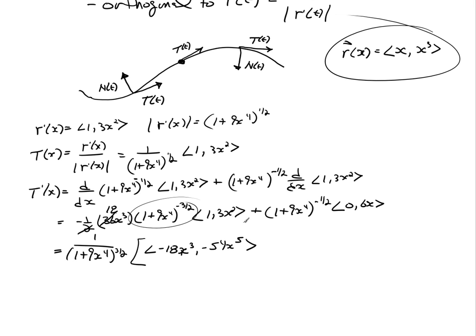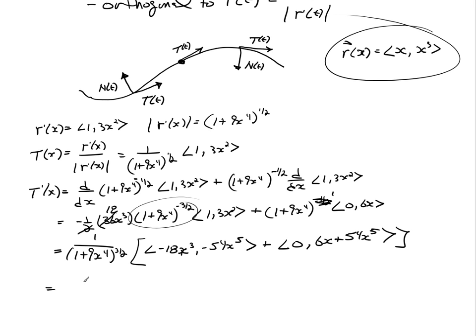Takes care of that vector. And this is going to be plus the vector, well, this was factored out, so this is actually going to be to the first power. So this would be 0, and then 6 times this, which would be 6x plus 54x to the 5th.